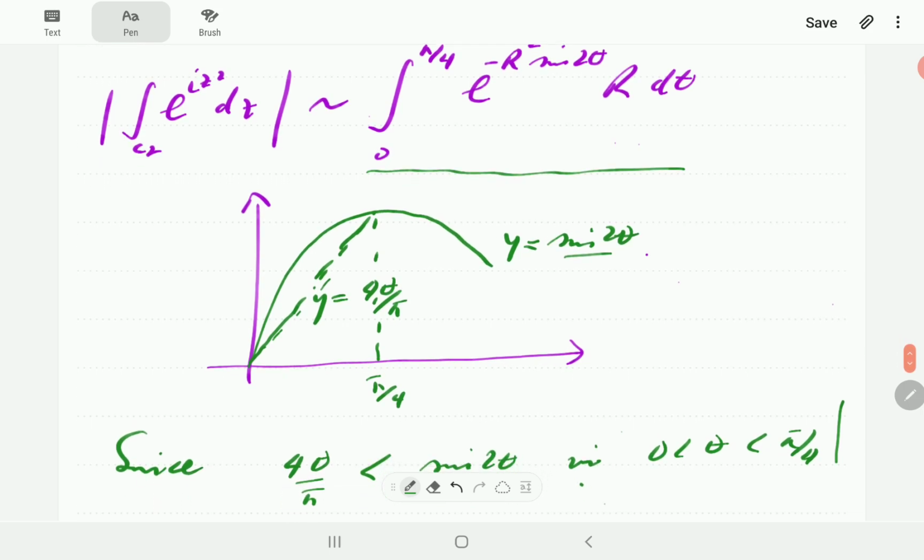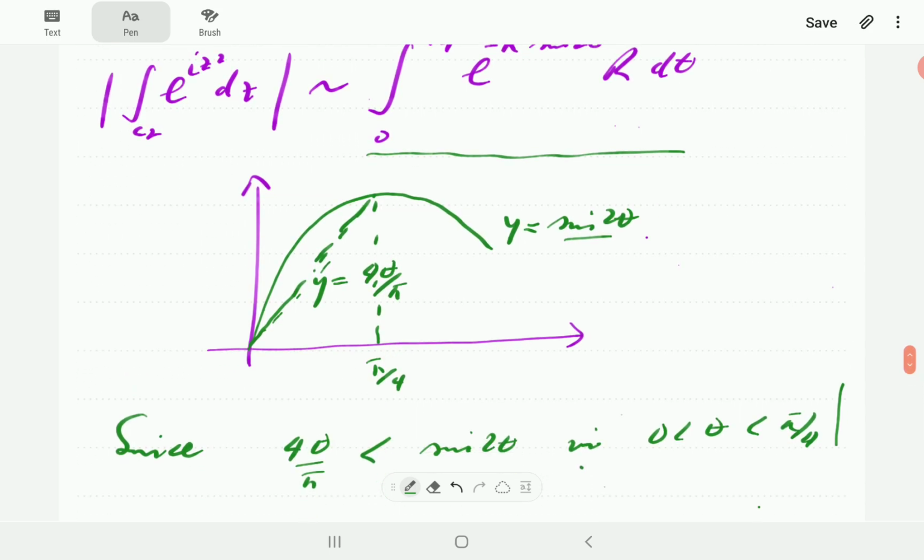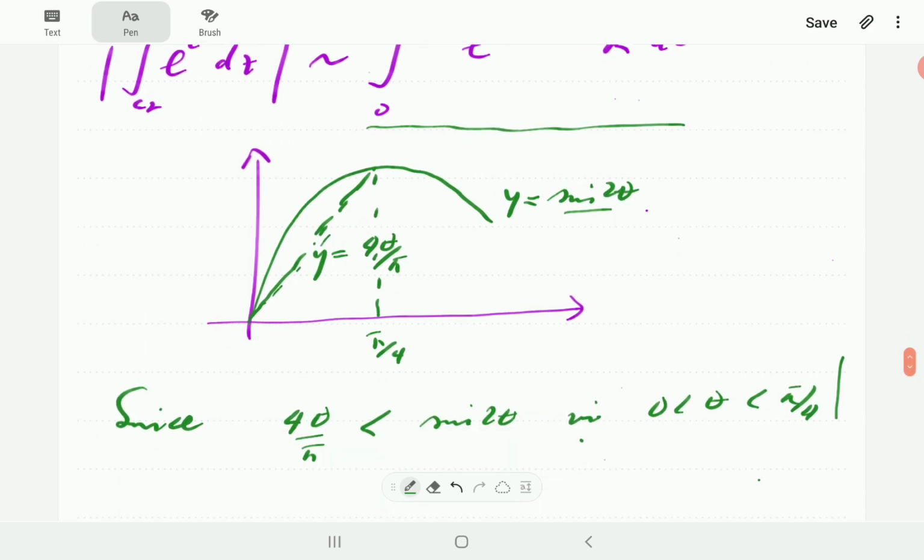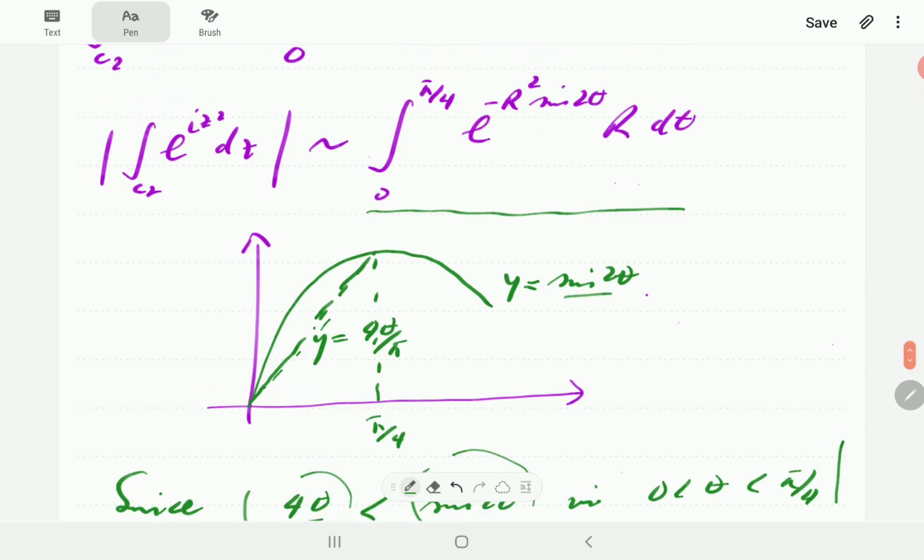It means that if we replace this function by this function here, the resultant integral must be bigger because of that negative there.